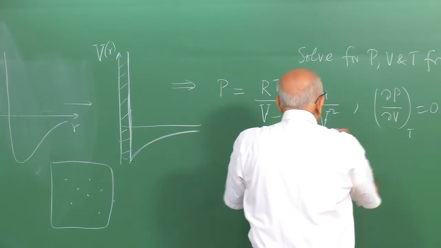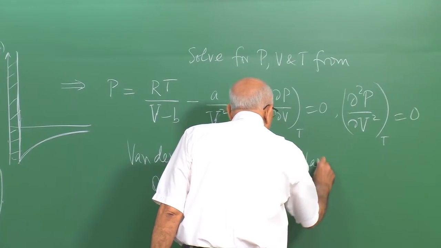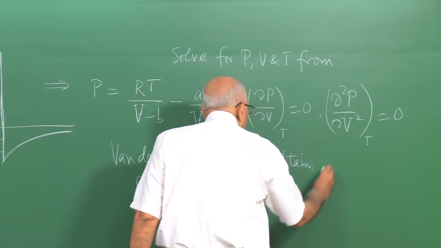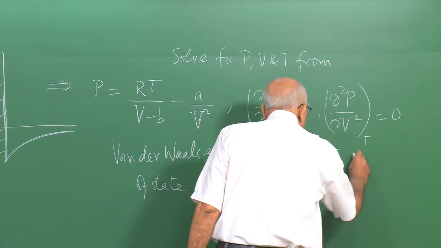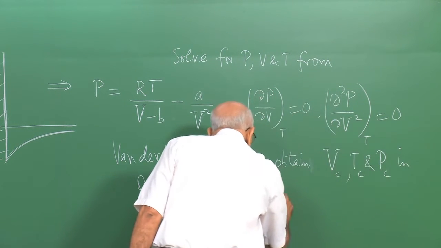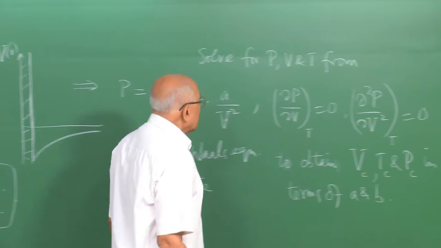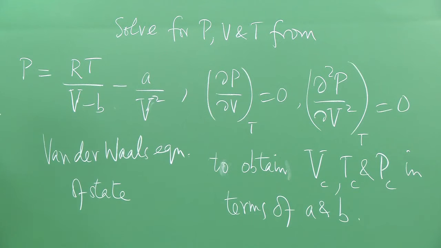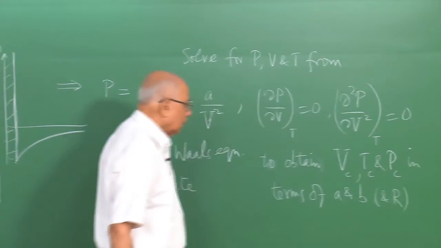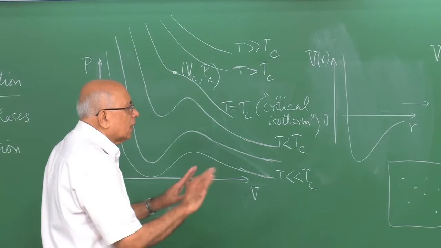Solve for this P, V and T from this to obtain the constant values Vc, Tc and Pc in terms of A and B, and of course the gas constant R. So that is a simple exercise in algebra which I am not going to do to save some time, but in principle we are not concerned with it at the moment.